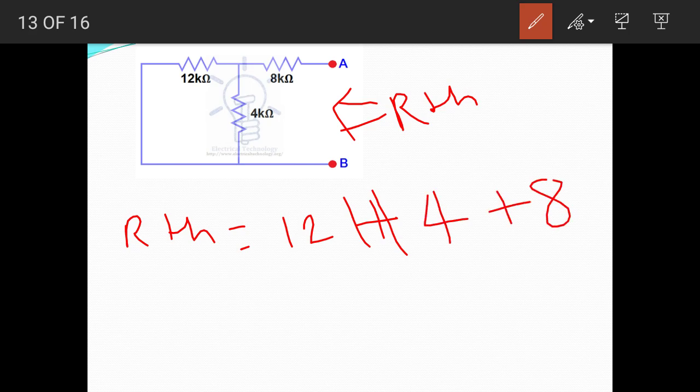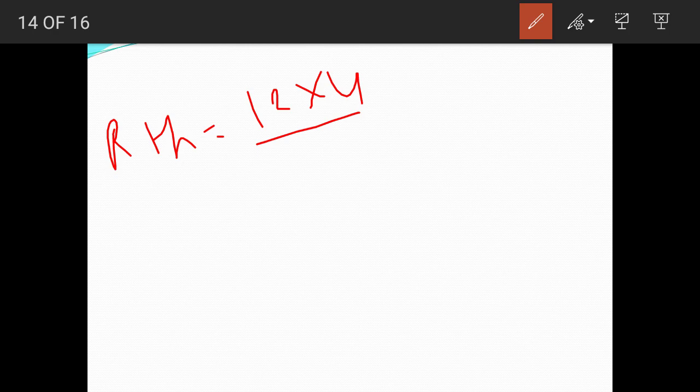It means the resistances of 12 kilo ohm and 4 kilo ohm are in parallel and the combined resistance is in series with 8 kilo ohm. So RTH is equal to 12 into 4 upon 4 plus 12, plus 8.